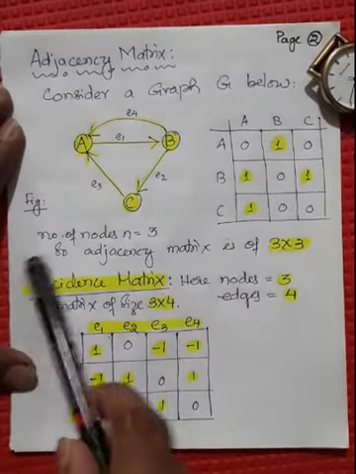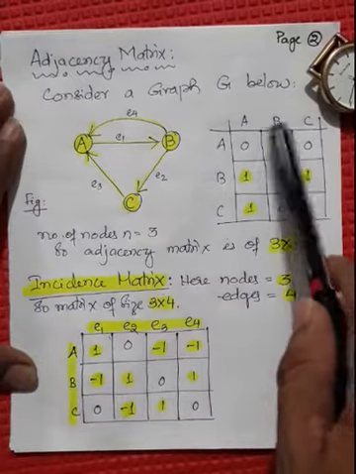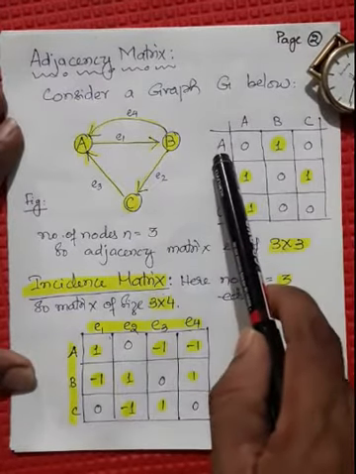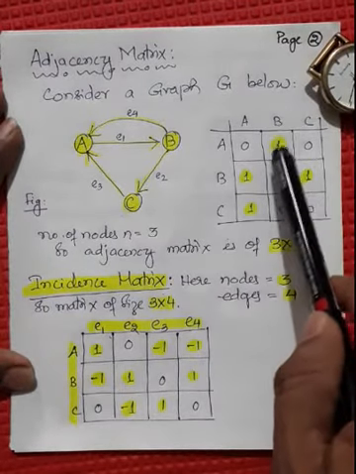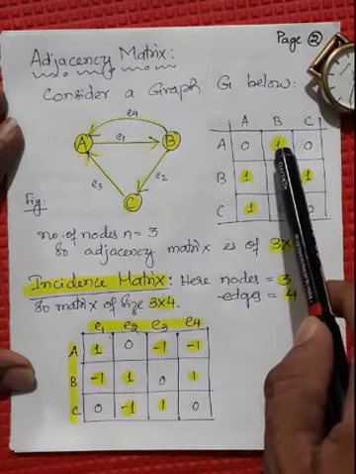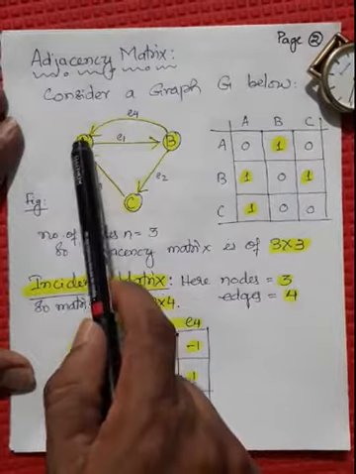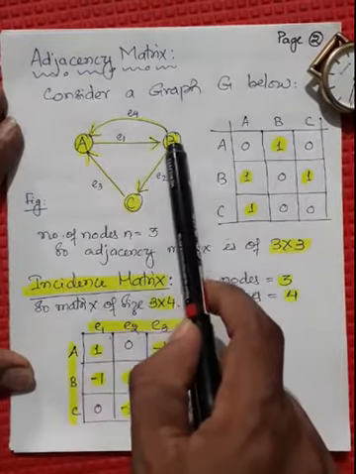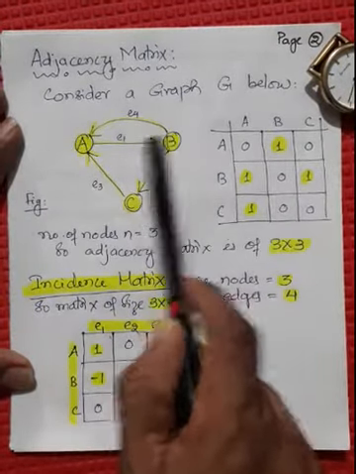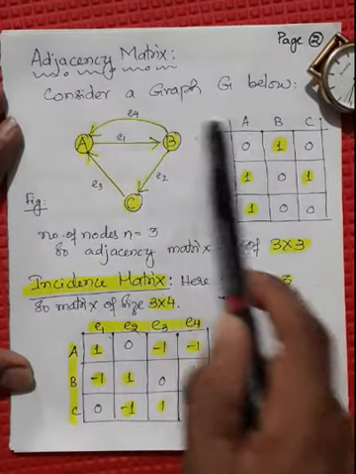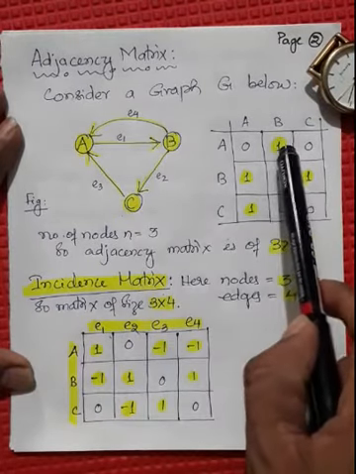Now you can observe that A to B there is a 1, meaning source is A, destination B, and an edge exists. You can observe the edge E1, starting from the source node A and moving to B. So E1 is represented here. A to B there is an edge, so there is 1.